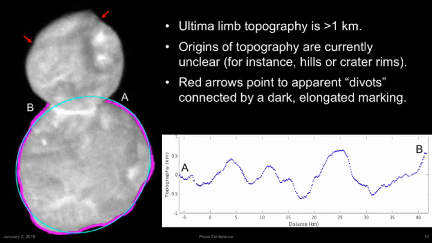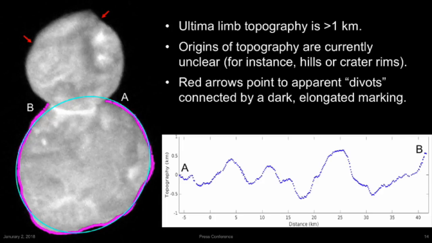So when you look at the deviation, what you see is there are changes in elevation greater than 1 kilometer, which probably I should say is also greater than 1 mile. So we can see that we have changes in shape which are on the order of a few percent of the entire diameter of the Ultima lobe.